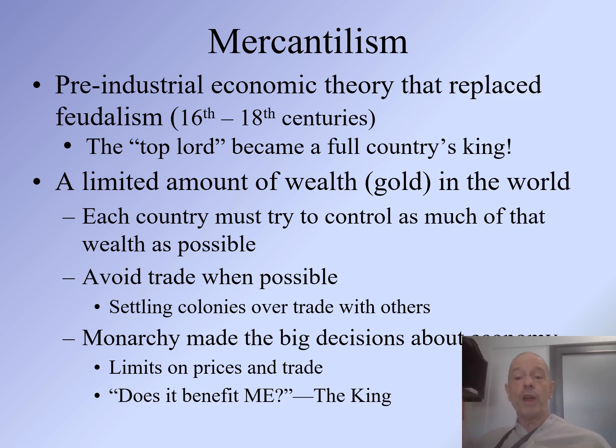If I bring my wheat over the border into Spain, I can get 30 francs per bushel. And the king, to the best of his ability, would send his men out and say, oh no, you're sending something valuable out of my country. Therefore, you need to sell your stuff here in France. So the king controlled, to the best of his ability, the economy. That's mercantilism.